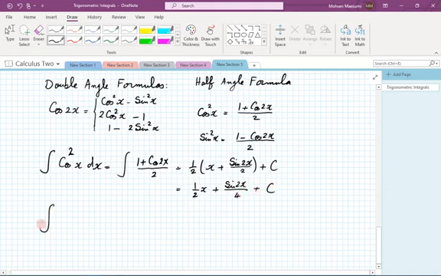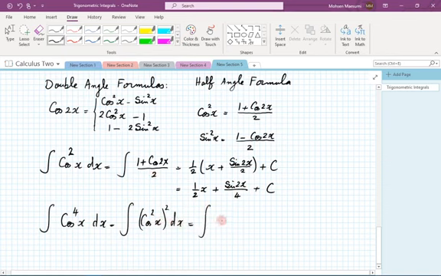What if I had higher powers, but still even? Well, I have to work a bit harder, because now I write this as cosine square of x, squared. Just like here, I will replace cosine squared by 1 plus cosine of 2x over 2, squared.